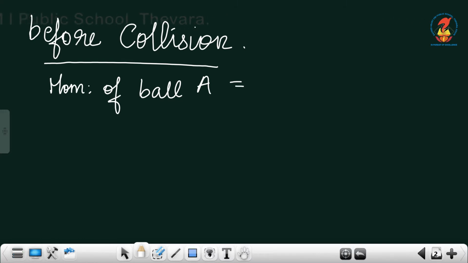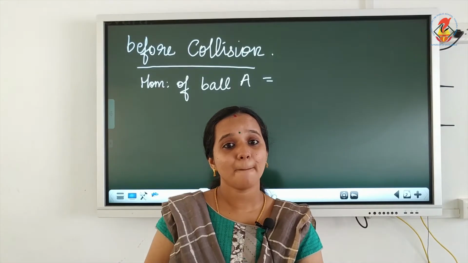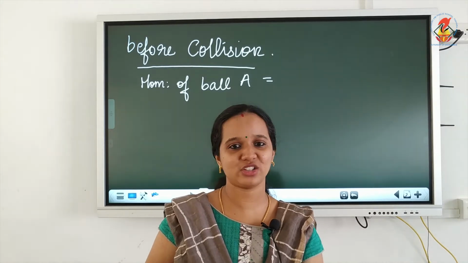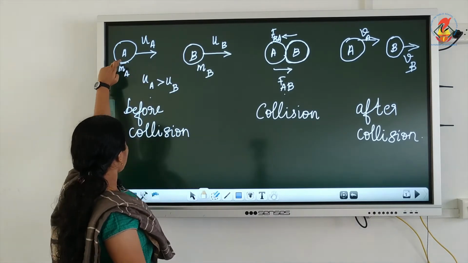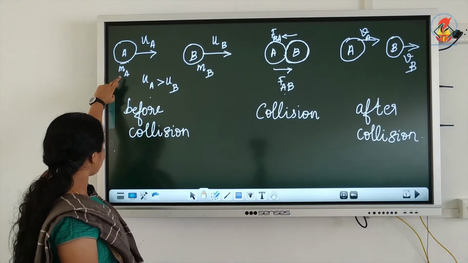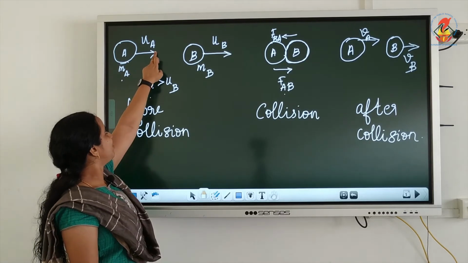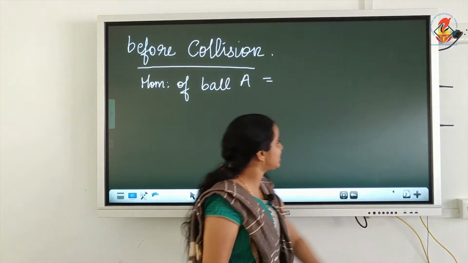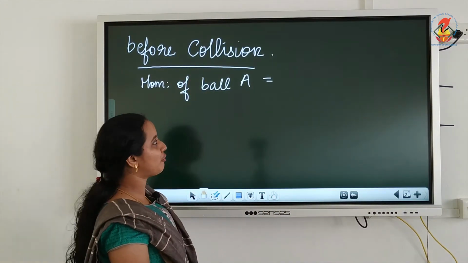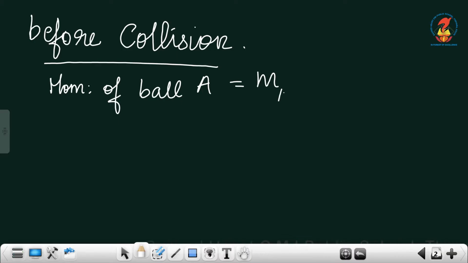We know that the formula to find momentum is mass into velocity. So, for ball A, the mass is ma and the velocity before collision is ua. So, the momentum of ball A before collision is the mass of ball A into the velocity with which it was moving, that is ma into ua.